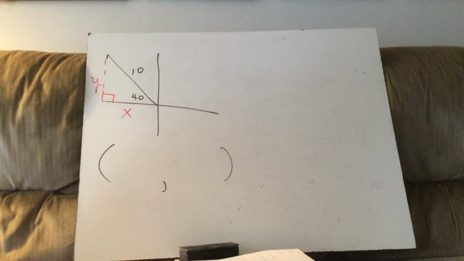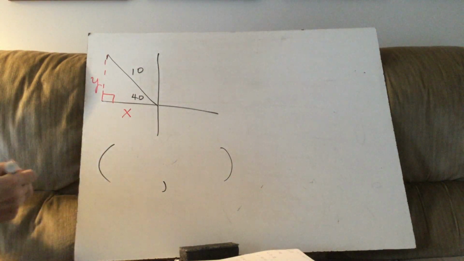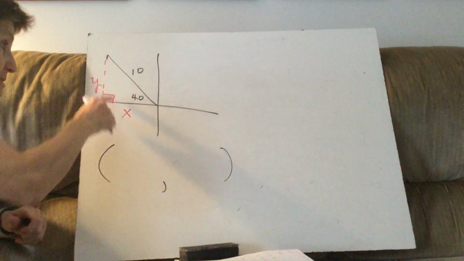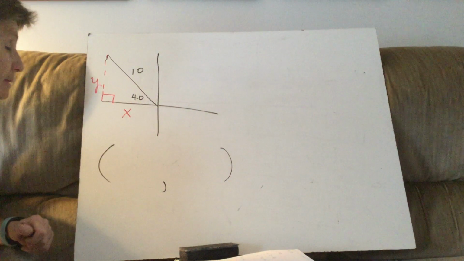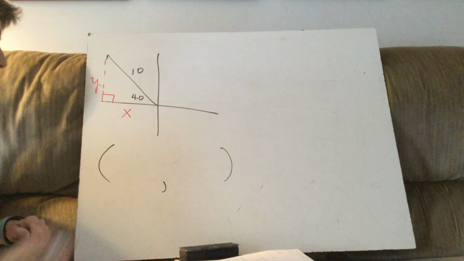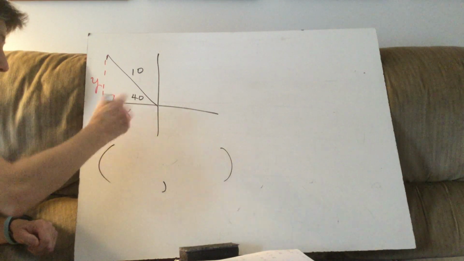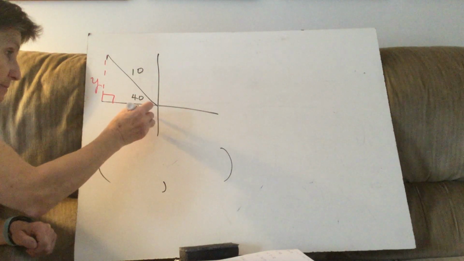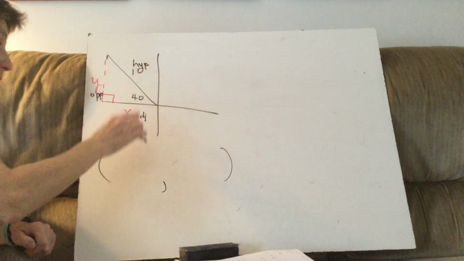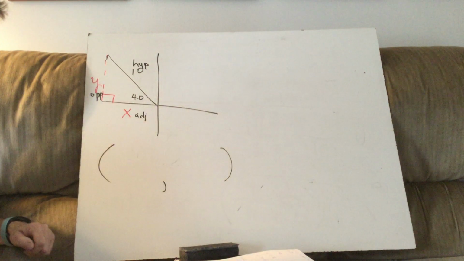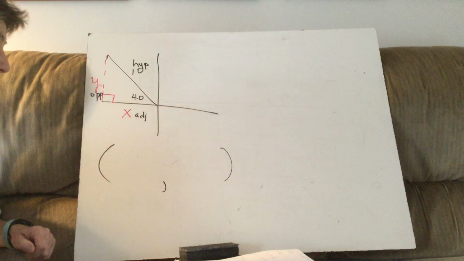And now you're going to use your SOH CAH TOA. Look at this triangle right here. This is the triangle you have to look at. So if we want to find x, which is the adjacent side, you can label those adjacent, opposite, and hypotenuse if you want. Remember, opposite is always across.